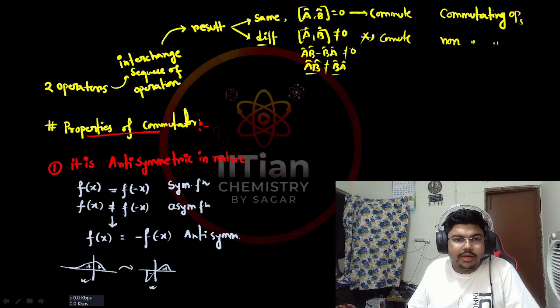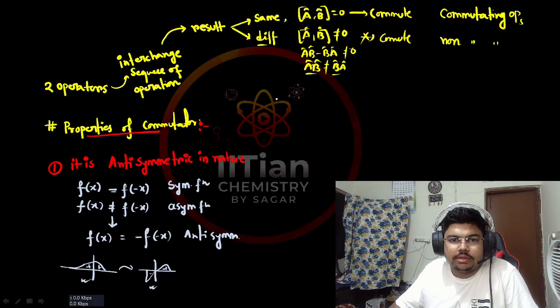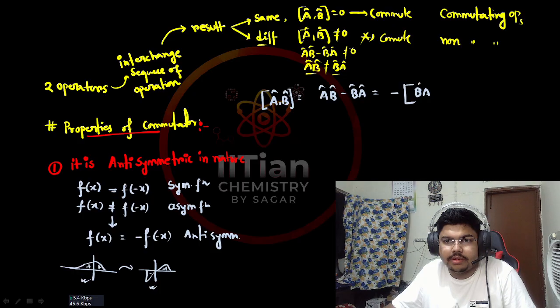Now how will we prove the anti-symmetric nature of a commutator? Let's prove. Commutator AB means AB minus BA, equal to minus of BA minus AB.